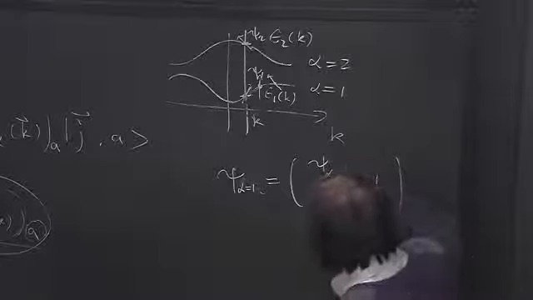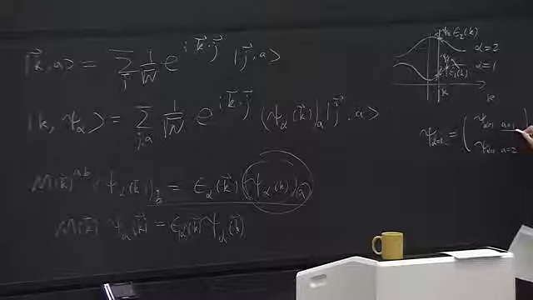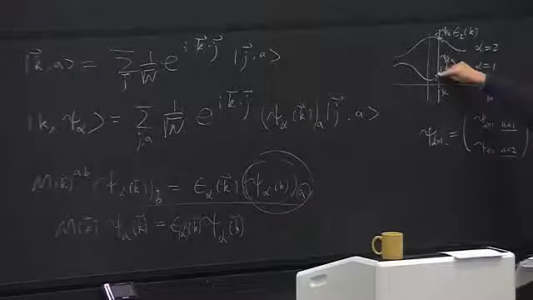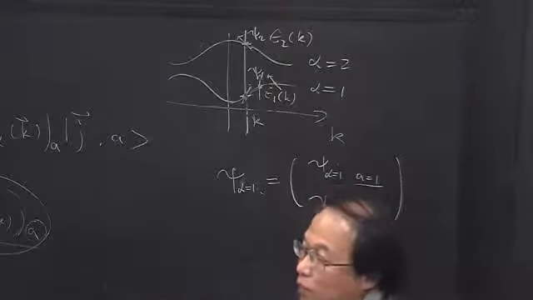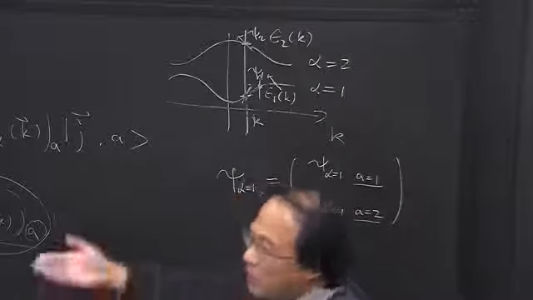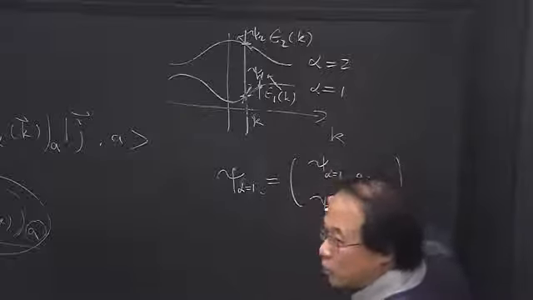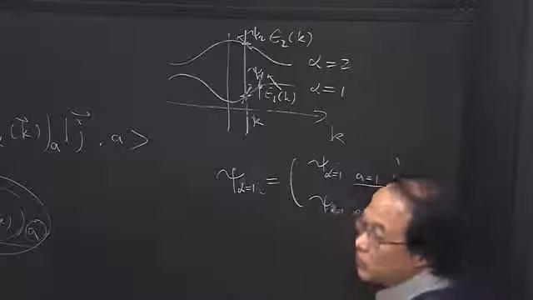So these two components of psi are one for A equal to 1, another for A equal to 2. That means that when you have this particular plane wave on this particular band, you ask, what is the amplitude of this weight in the first site or second site in the unit cell? And these two components just describe the amplitude of this plane wave in each atom in the unit cell.